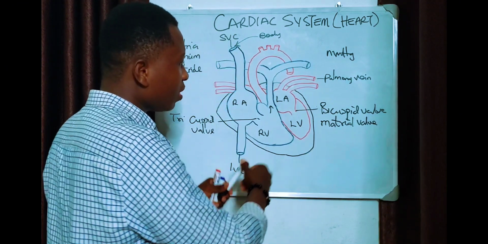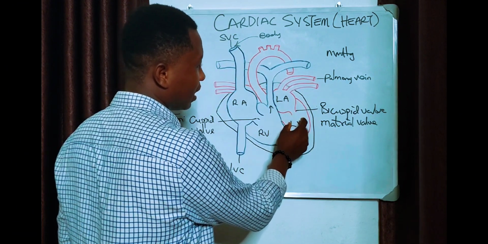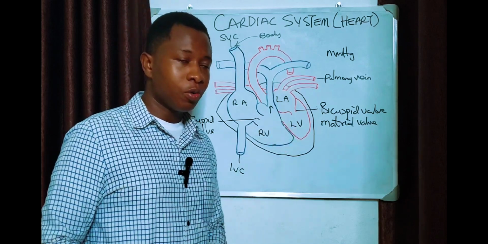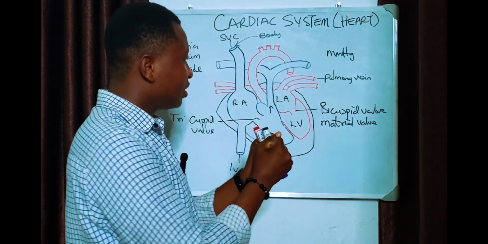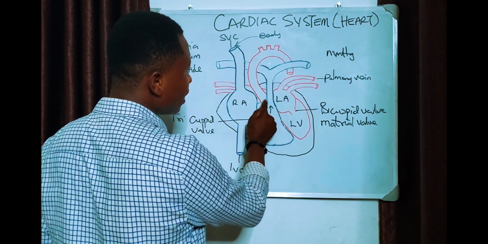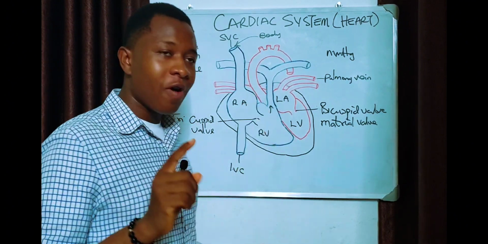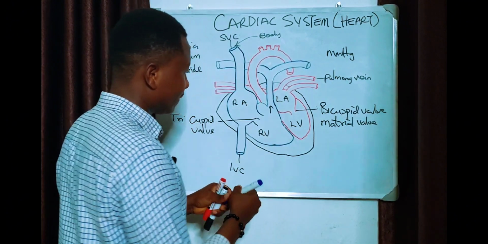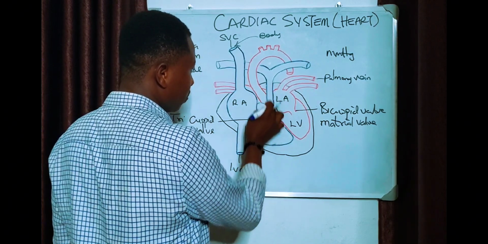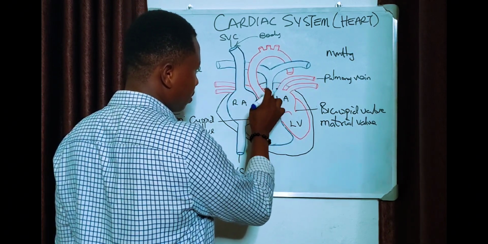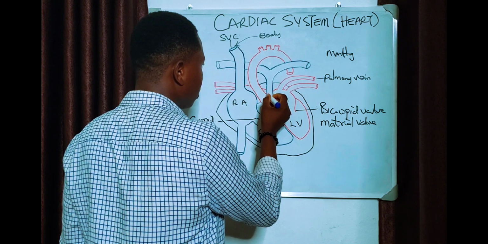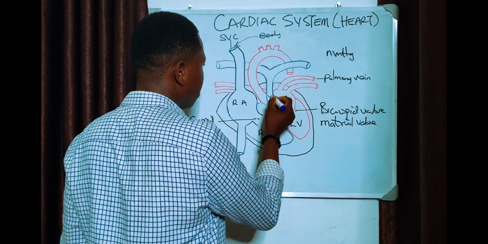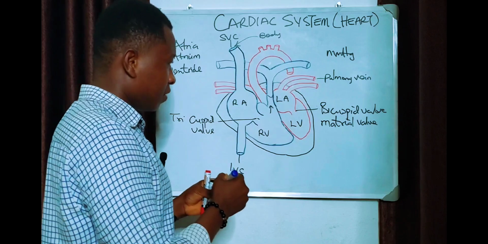All right. Now, when it passes through this valve, it gets to the lower ventricle, which is the lower part of the heart. Now, the heart contracts and pushes the blood through this part. Now, before I forget, there is a valve here in this pulmonary artery. It is called the pulmonary valve.